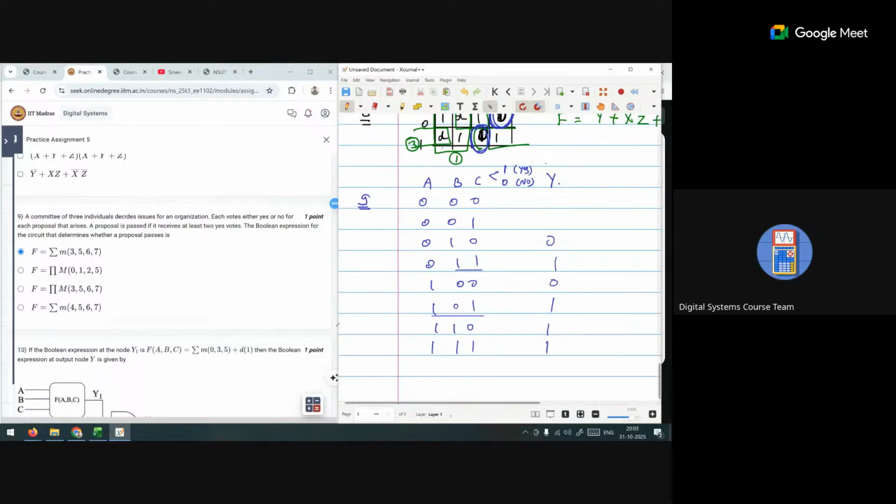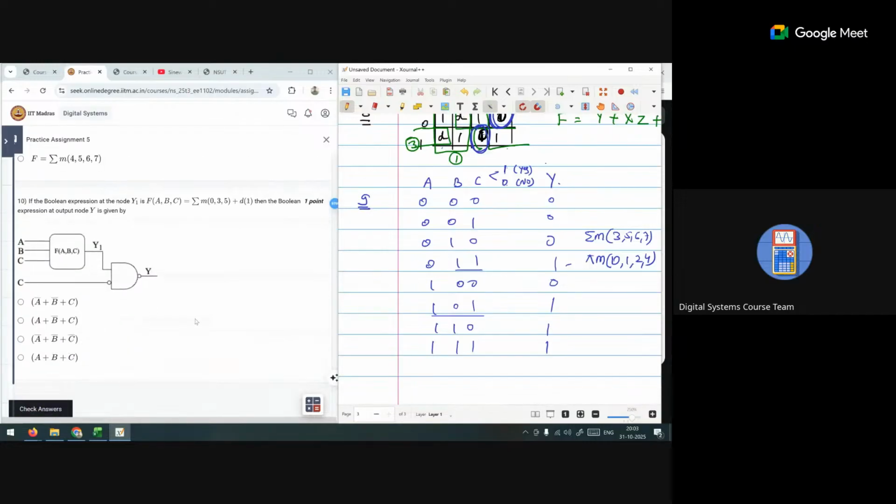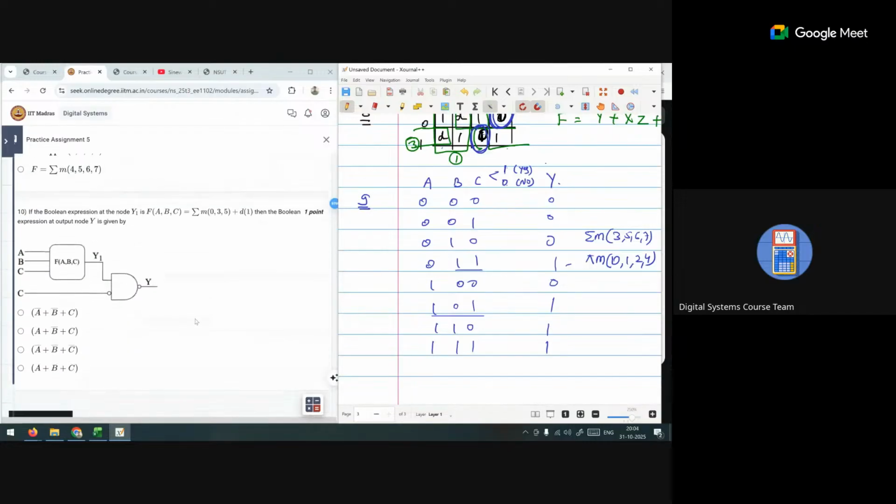Except for these, all are 0. So sigma m 3, 5, 6, and 7. If we are talking about pi M, then pi M 0, 1, 2, and 4.